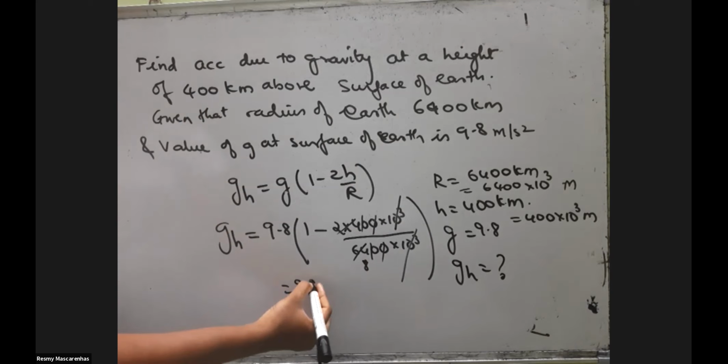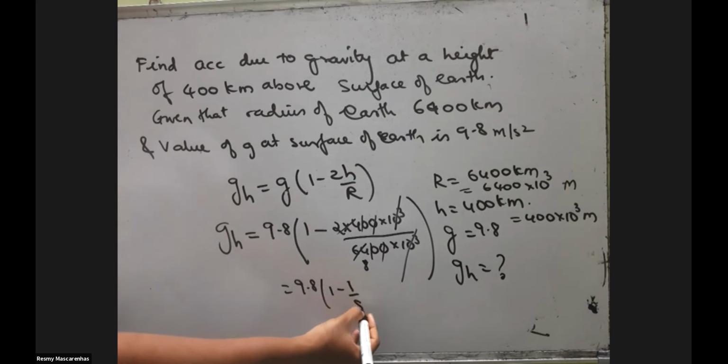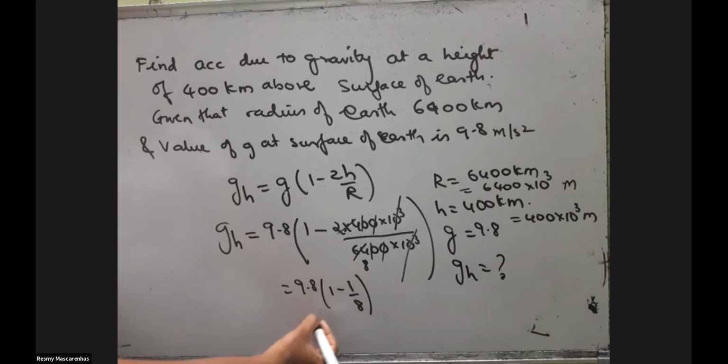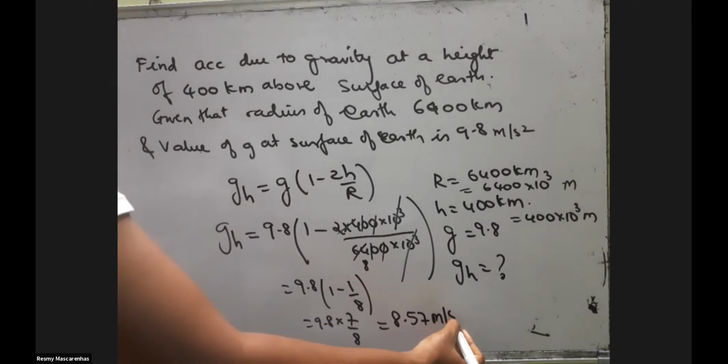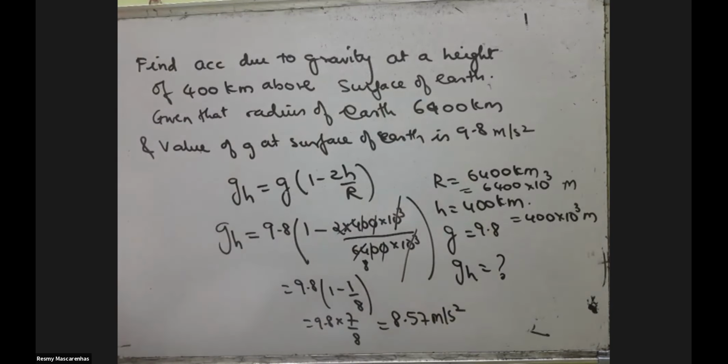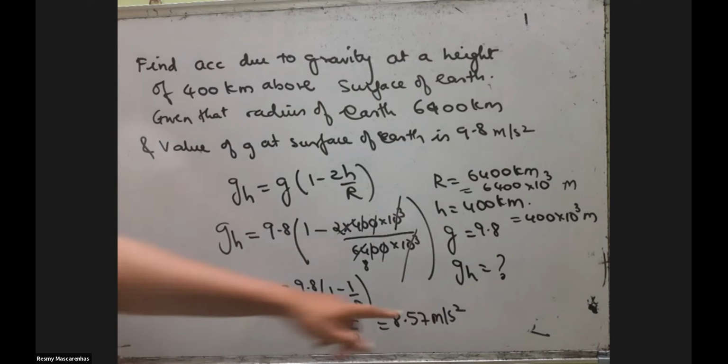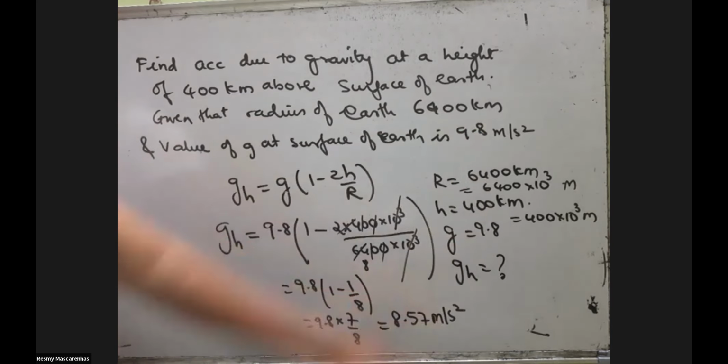We'll get 9.8 times 1 minus 1 by 8. Cross multiply, 9.8 into 7 by 8. We'll get 8.57 meter per second square. This is the unit for acceleration due to gravity, meter per second square. Even if you forget, look here, same meter per second square.